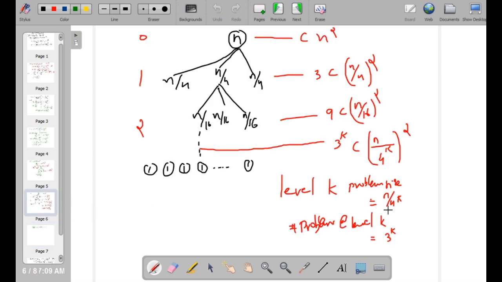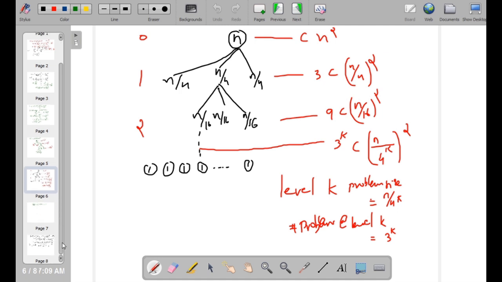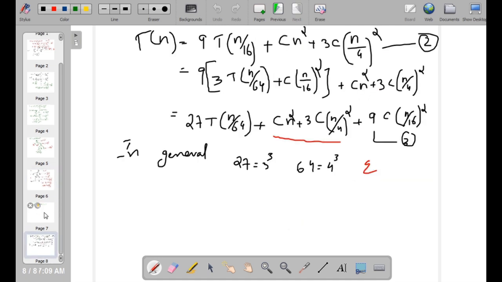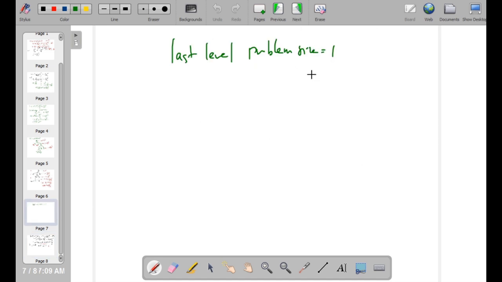That is, n by 4 raised to k is equal to 1. So k is equal to log n to the base 4. Okay, log n to the base 4.